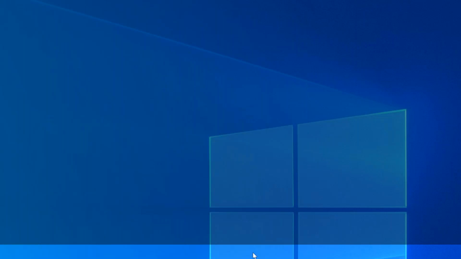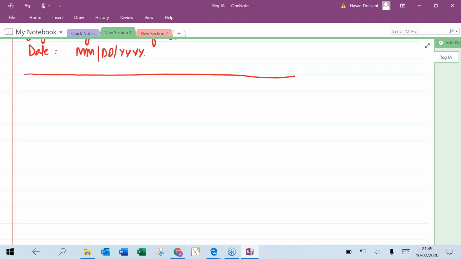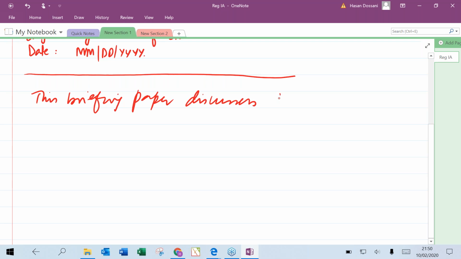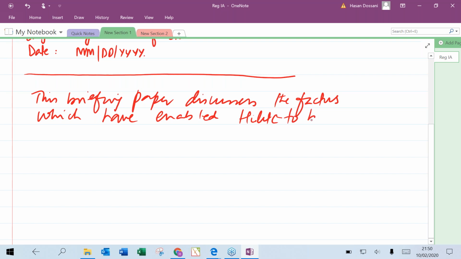Okay, I will just write this briefing paper discusses the factors which have enabled highlight to be successful in D-land.